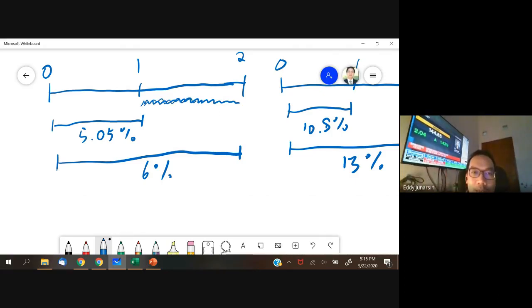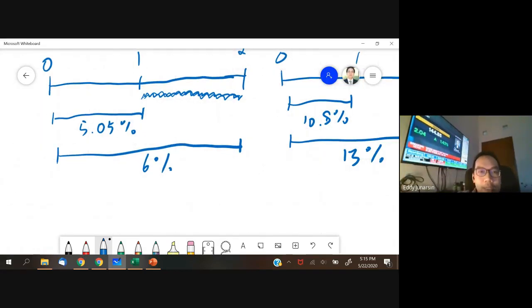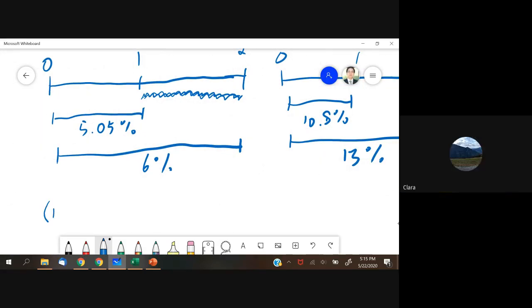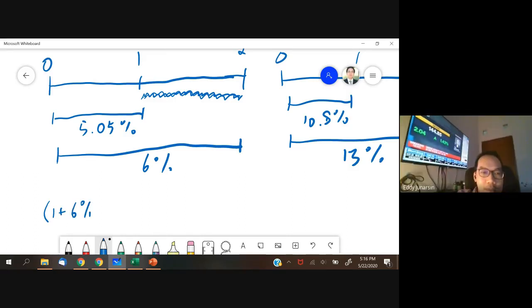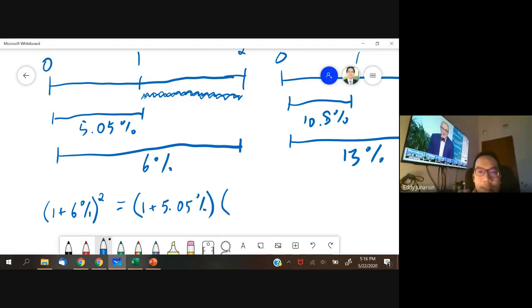Based on the mathematical technique, we could guess that one. How to do that again? So this should equal what? 1 plus 0.5, right, multiplied by 1 plus something, right? So you can call it whatever. If you follow the text, I think they call it C.